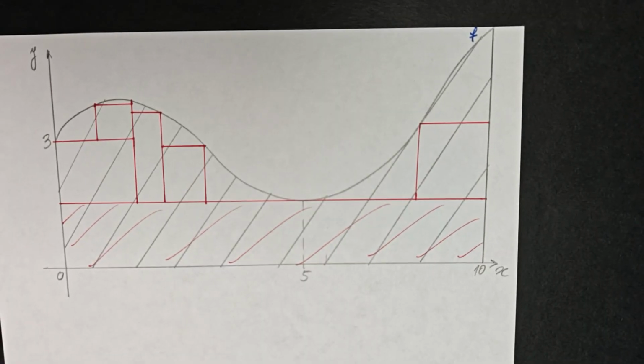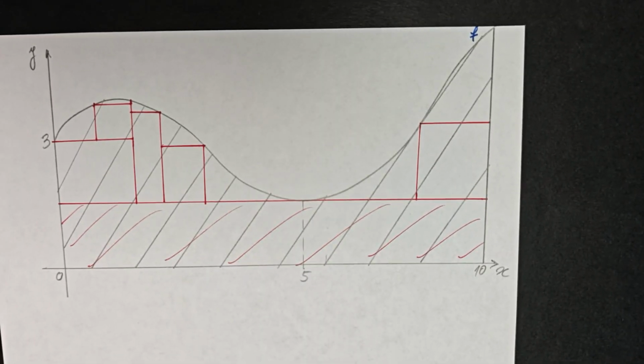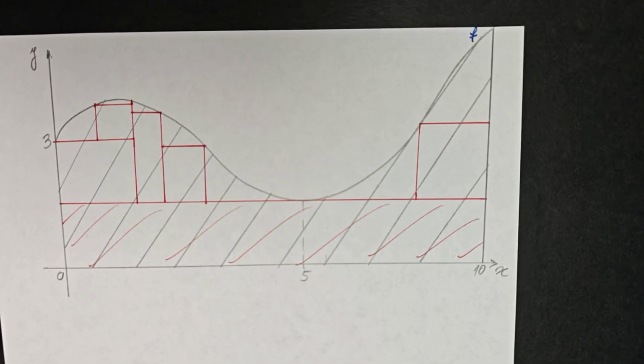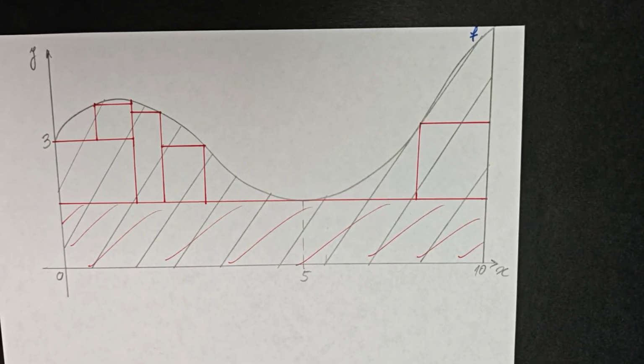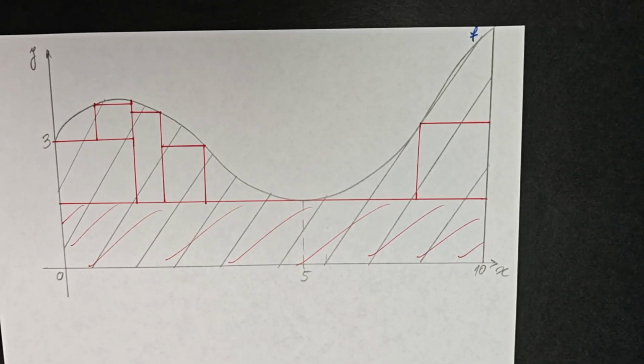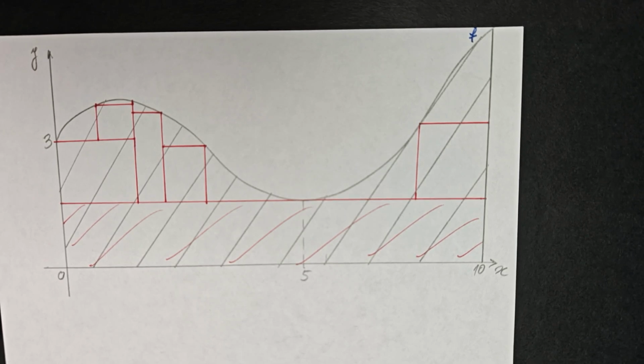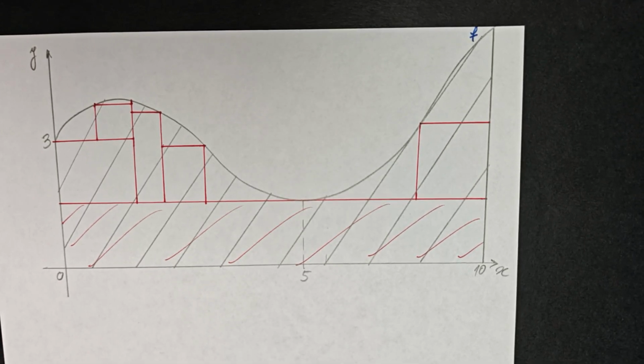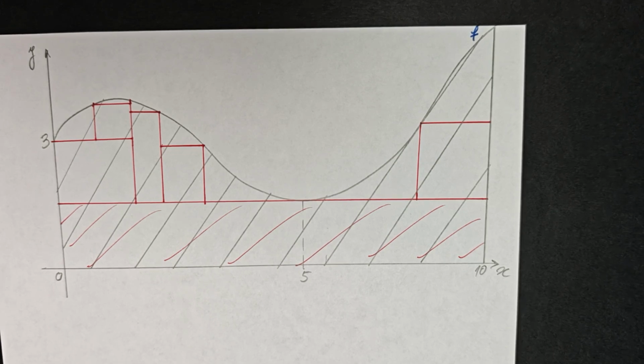So integration is conceptually going to use the area of a rectangle to give us an approximation of an area under the function f. The power of integration is that it can be used to calculate the area of any surface, not just this one. So we can use integration to approximate something that we don't know by using something that we know.